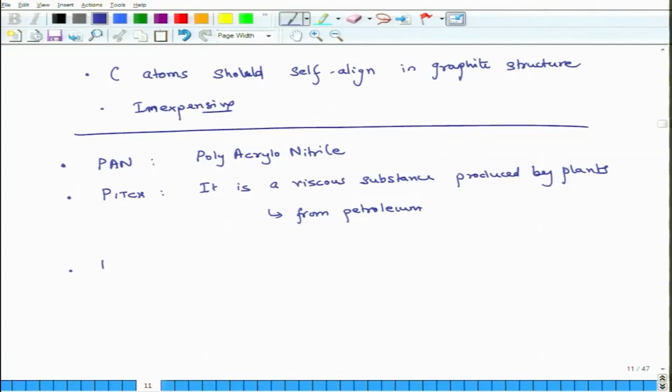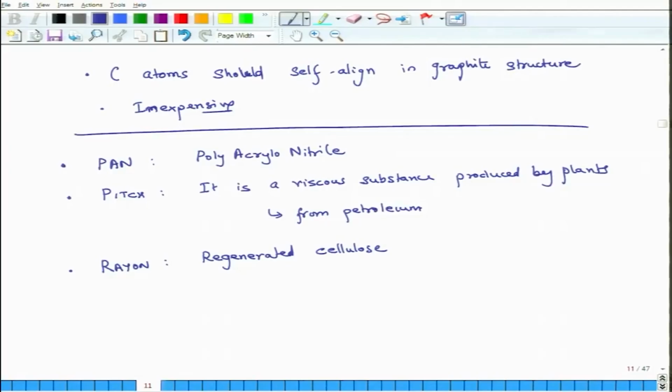And the third important one is rayon. Now, several of you may have heard of it. It is an organic fiber, and what is it made from? It is basically regenerated cellulose fiber. What is cellulose? It is there in all plant cells.